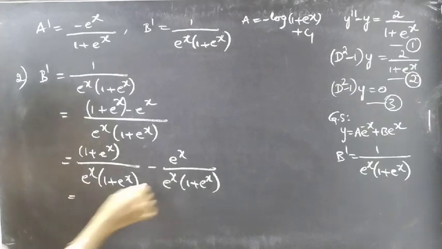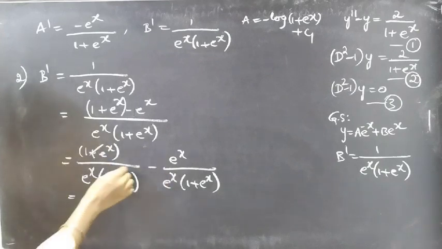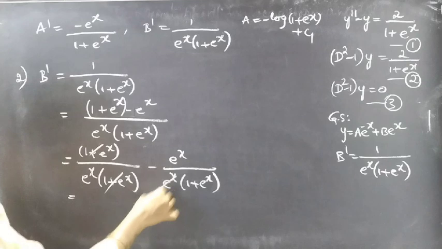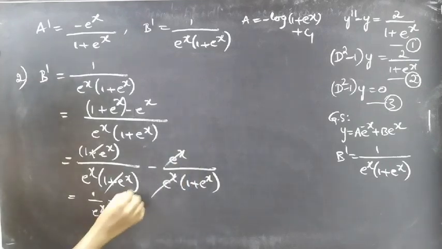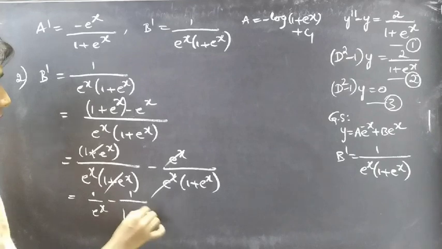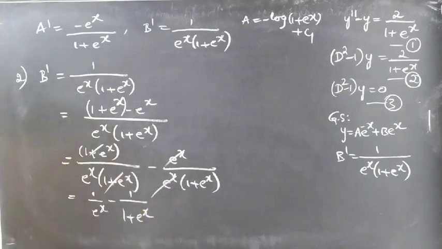This equals, here 1+e^x gets cancelled from the first term and e^x gets cancelled from the second term. We'll get 1/e^x - 1/(1+e^x), right? Now we have b' = 1/e^x - 1/(1+e^x).